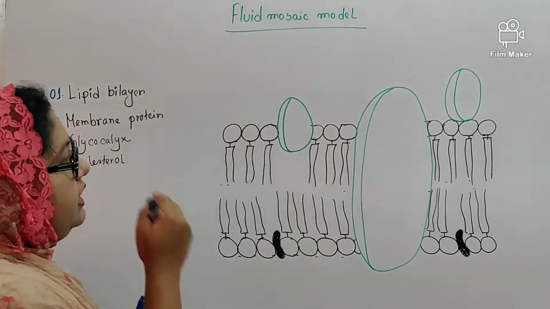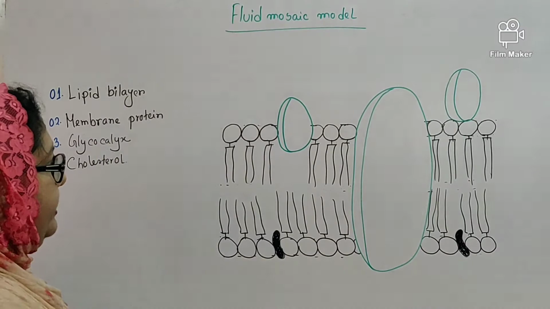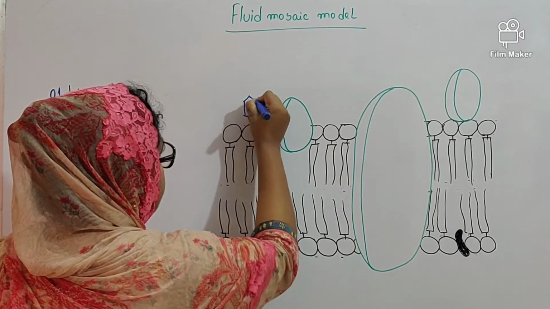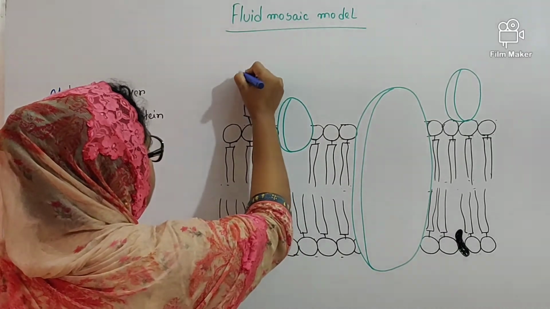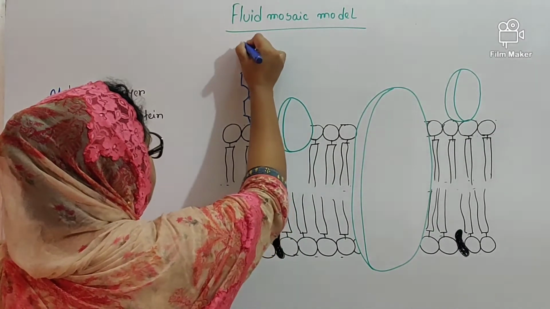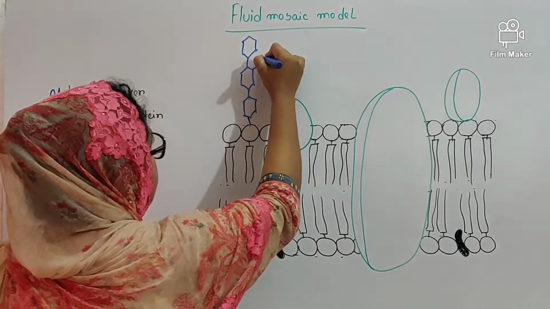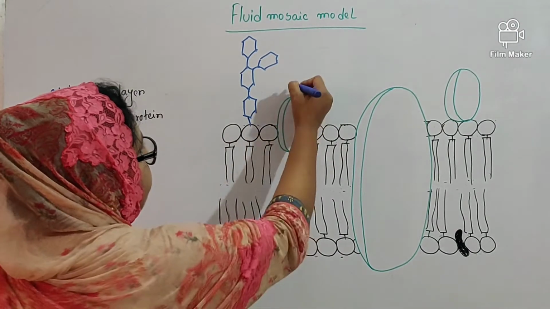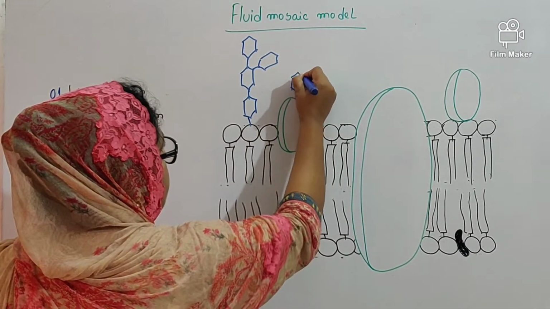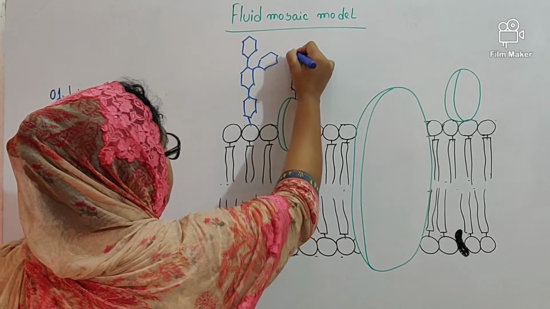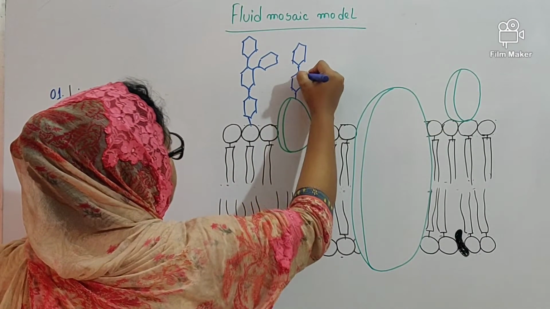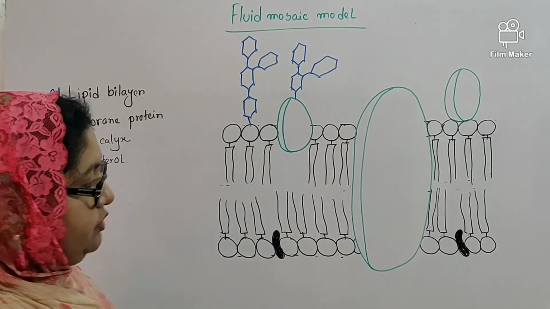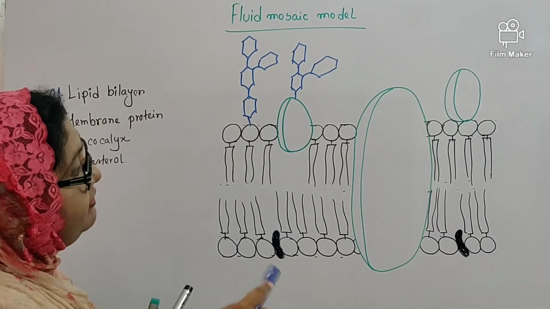Now the glycocalyx. I will draw the diagram of glycocalyx. Now I will label the diagram.